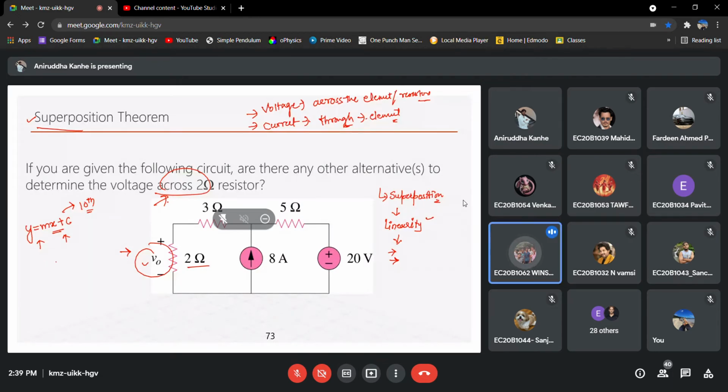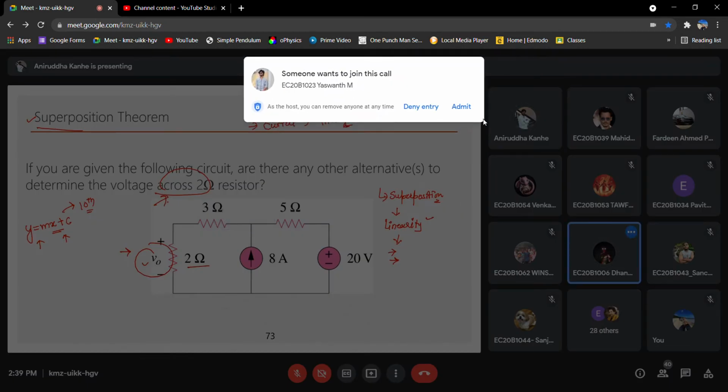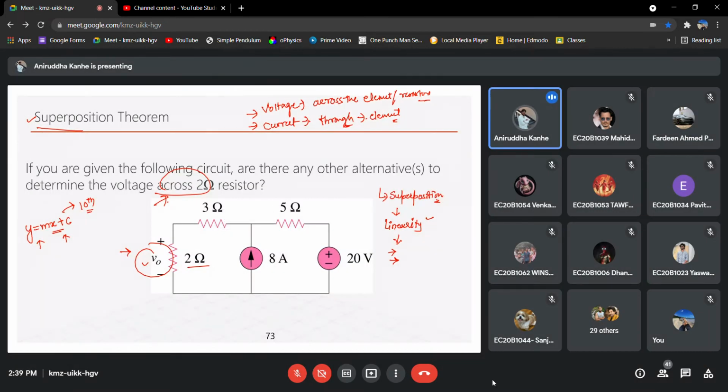Whether it's a linear equation as per what the linearity condition says. Roll number 6. Whether y equals mx plus c is a linear equation or not, as per the linearity properties which one of your colleagues has said.